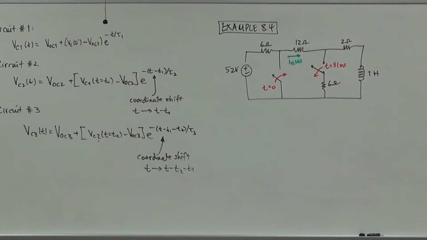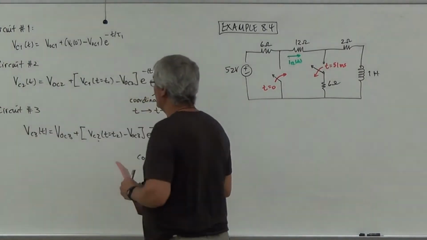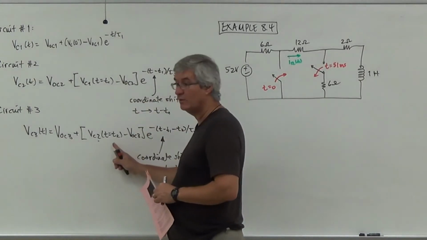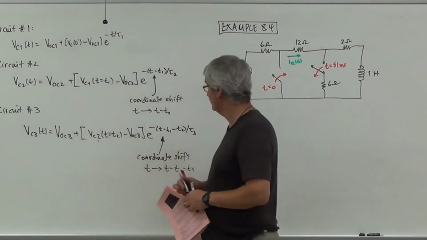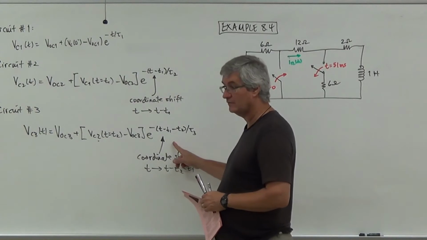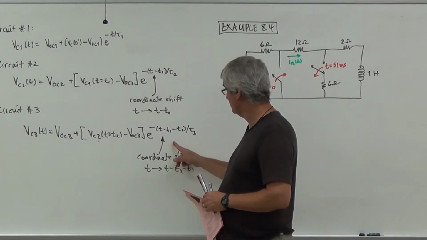Yeah, use both formulas for t equals t2. You already used the formula that's shifted. If you plug in t equals t2 to the third formula, it will be the same. So this is already shifted to T1. If you used that shifted formula to calculate that value at T2, then you wouldn't have to shift it again.